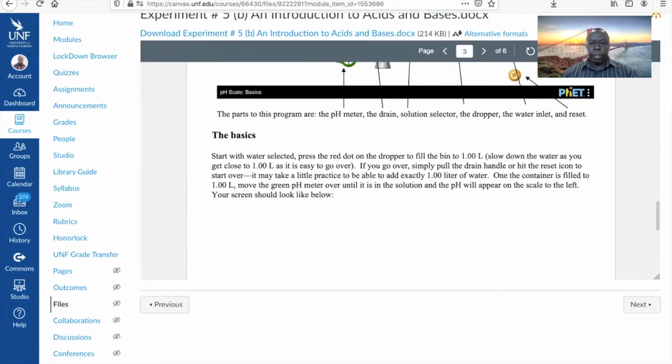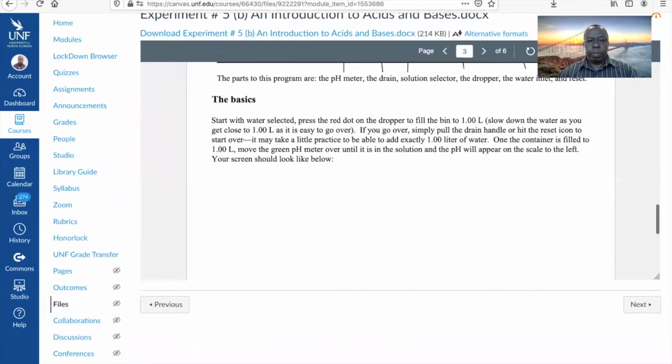What you'll do is start by selecting the water, press the red button, and the dropper will fill to 1 liter. Do it slowly to make sure you're comfortable with how you can fill the container. And you'll take the pH of that.